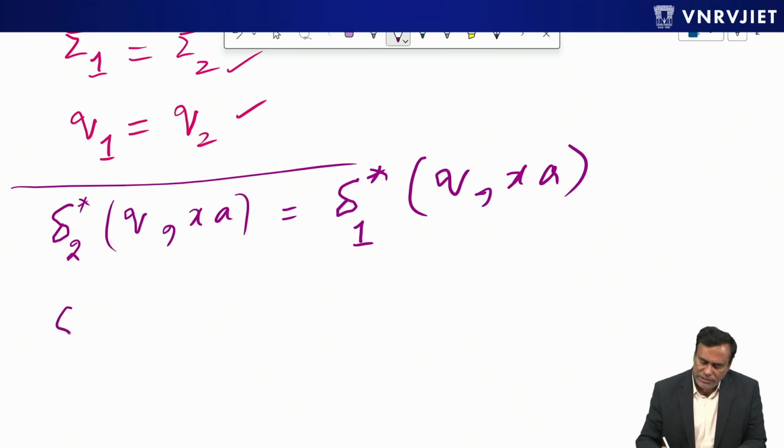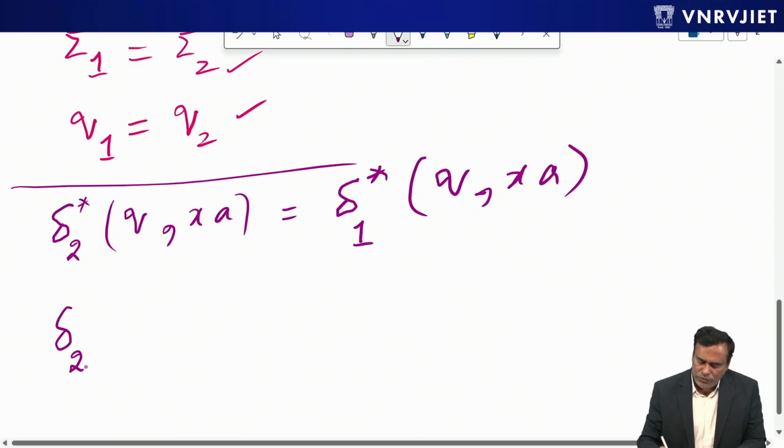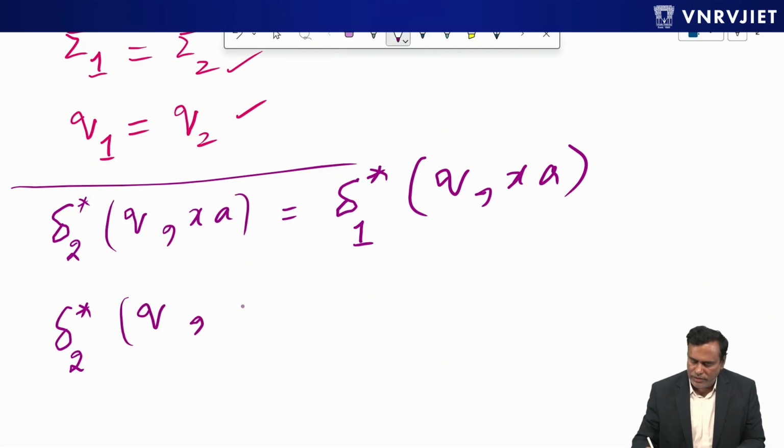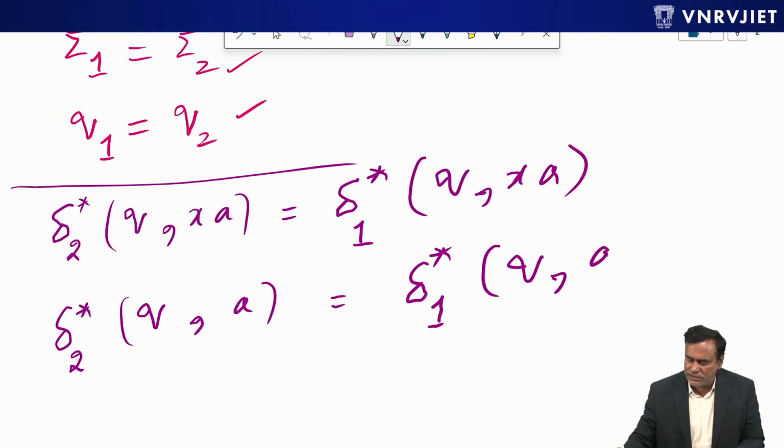In a similar fashion, delta 2 star of QA must be equal to delta 1 star of QA, with respect to one input symbol, where A belongs to sigma.